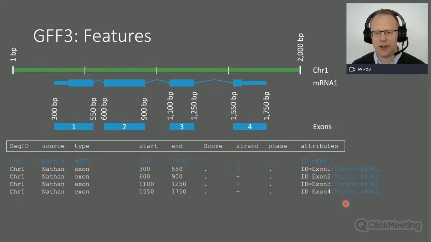And the exons themselves then start to get some additional attributes separated by this semicolon. In this case, they have this Parent tag value pair. And this is where the parent-child relationship gets expressed. So each of these 4 exons is a child of this mRNA feature.